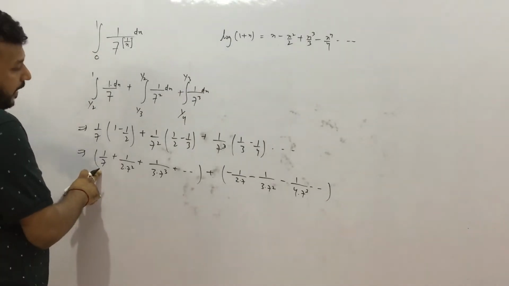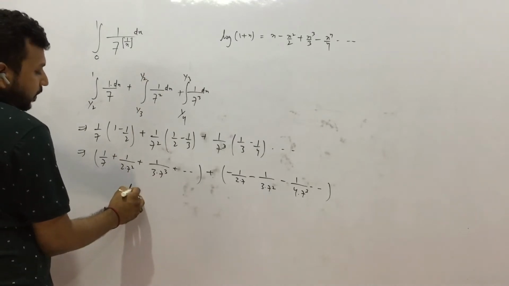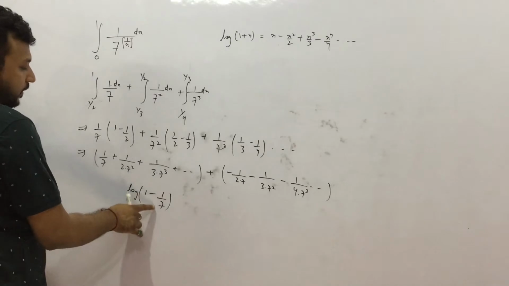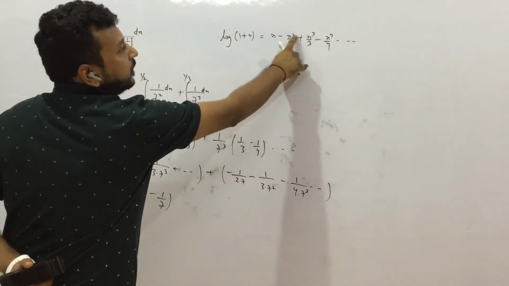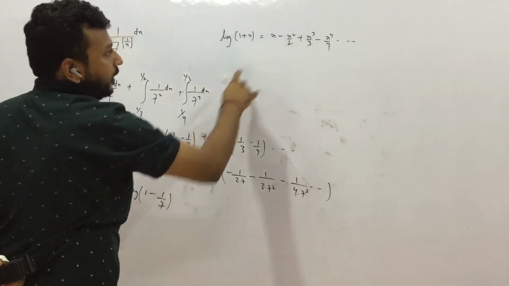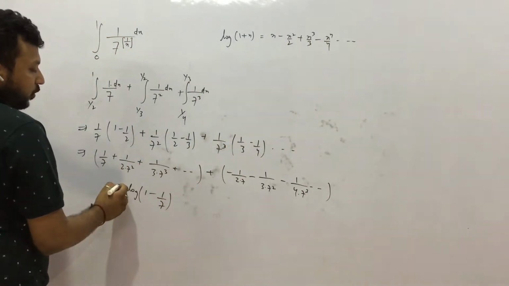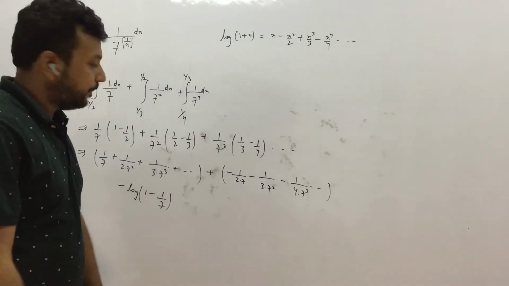If I take x as minus 1 by 7 in log(1 plus x), each term will be negative, because this is a square, this is power 4, and the negative sign was already there. But our each term is positive, so we will put a minus sign here again. Otherwise everything is matching, right?